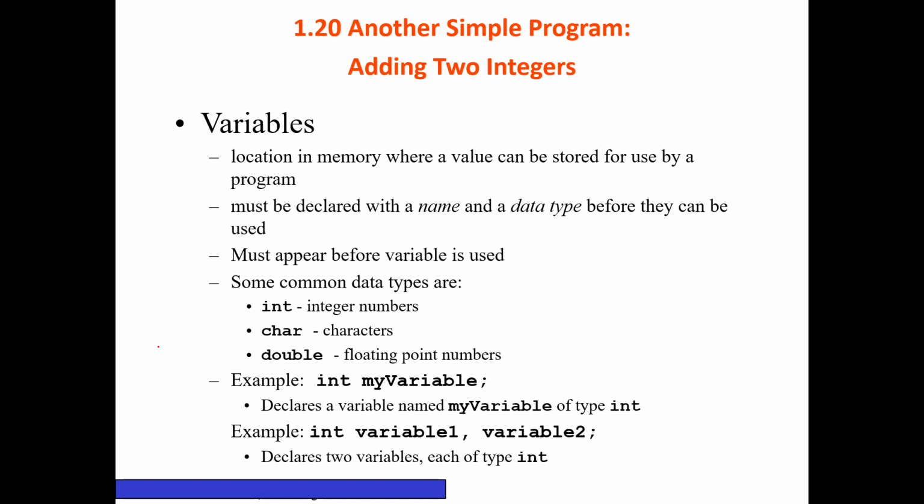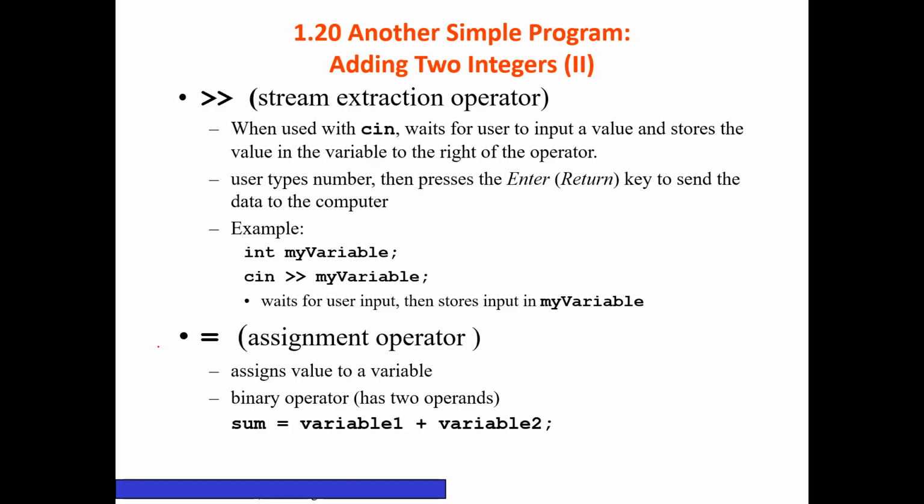An example is int my variable, which will declare a space of 2 bytes in the main memory. Now in my variable, you can store values without decimal points. In a statement, you can declare many variables like int variable 1, variable 2. So this declares 2 variables.